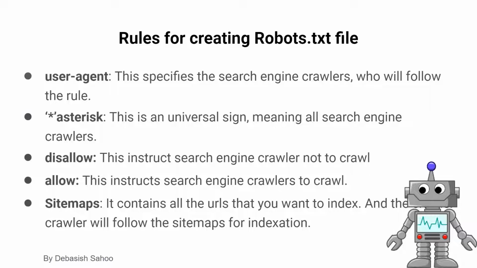Allow instructs the search engine crawler to crawl the pages. This is used to nullify the disallow instruction to crawl a subdirectory in the directory. Sitemap contains all the URLs that you want to index, and the crawler will follow the sitemap for the indexation.